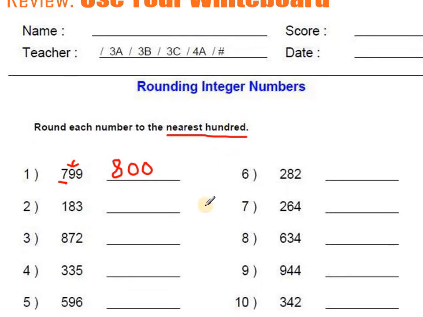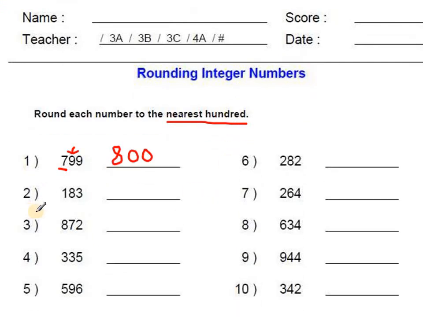I'm rounding to the nearest 100. I'm going to go to number 2, and I see that I have the hundreds place, and in the hundreds place is the digit 1. So that's 100. The song tells me to look to the right, at the right neighbor, and if this number is 5 or greater, I'm going to round up.